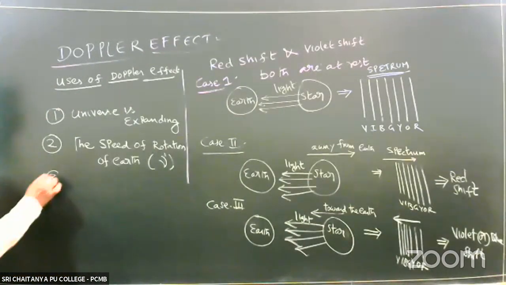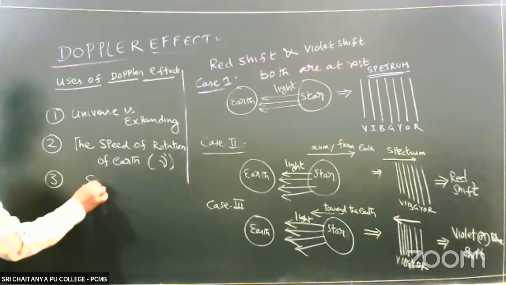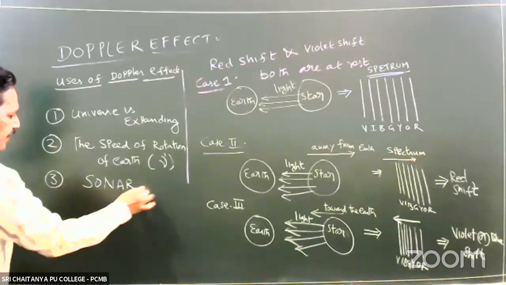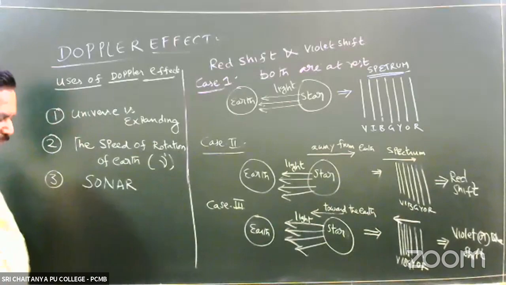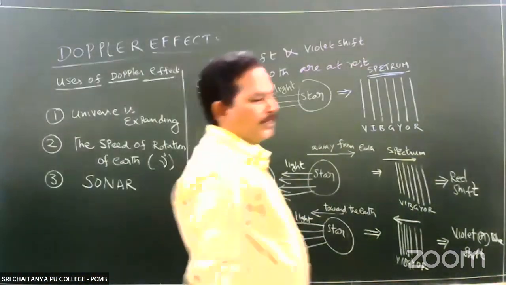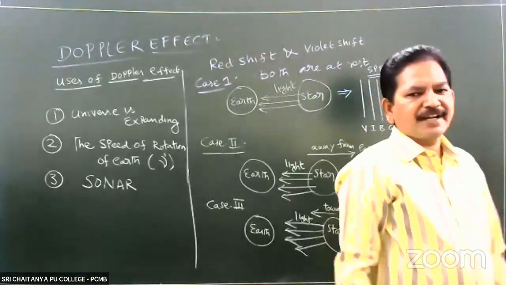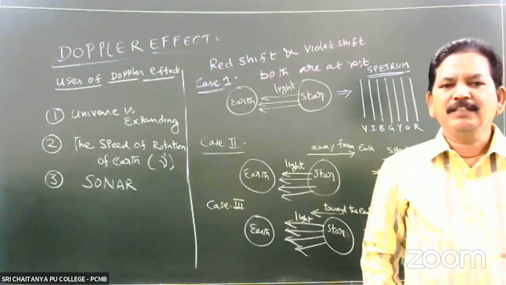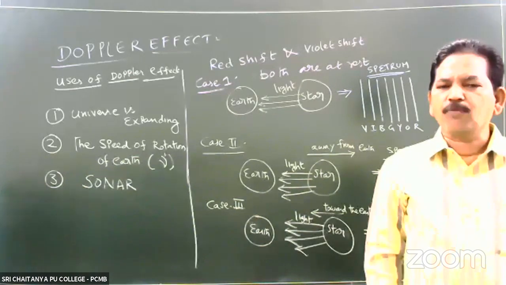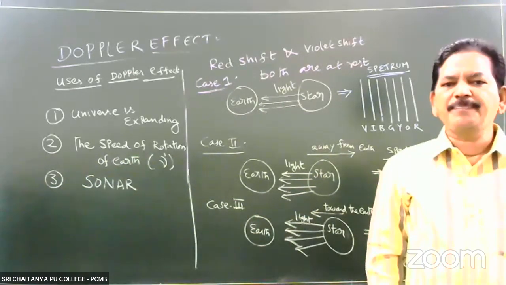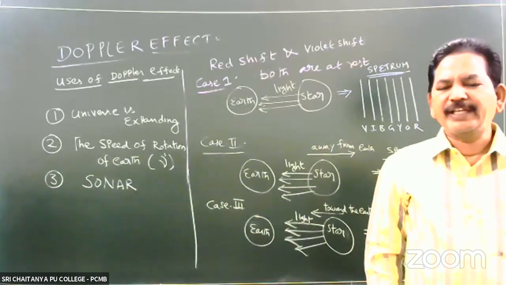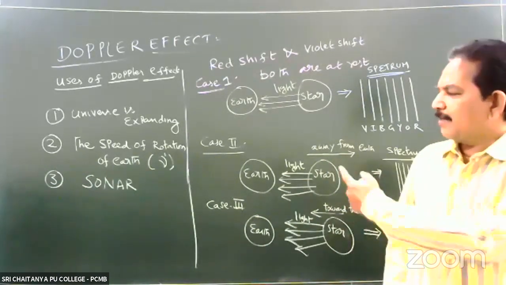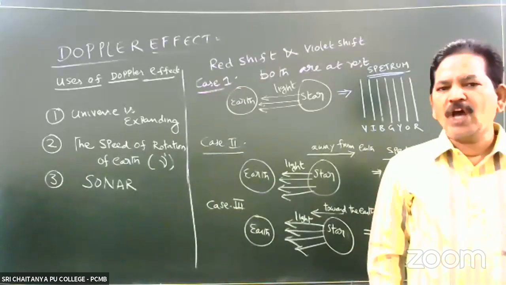What is the third one? It is used in sonar. You might have heard this word, sonar. Sound navigation and ranging, to find out the speed of the submarine, position of the submarine underwater, the objects moving underwater, what is their position, what is their velocity, can be identified by means of the sonar technique.